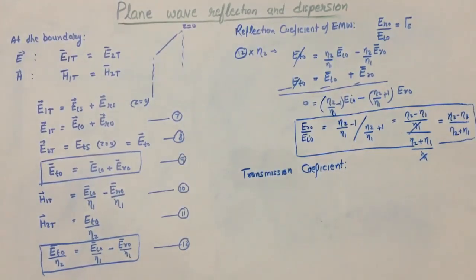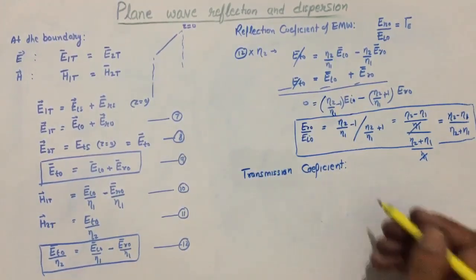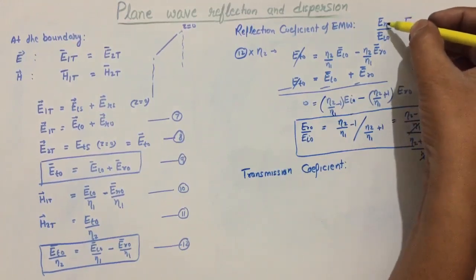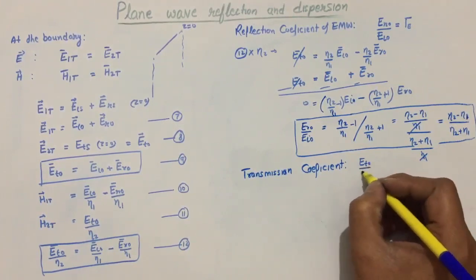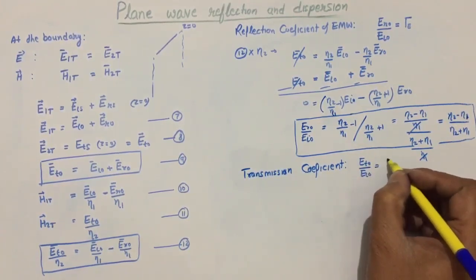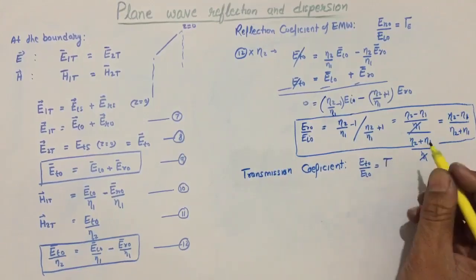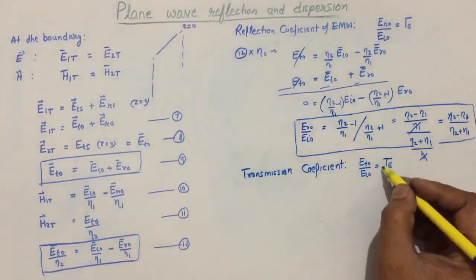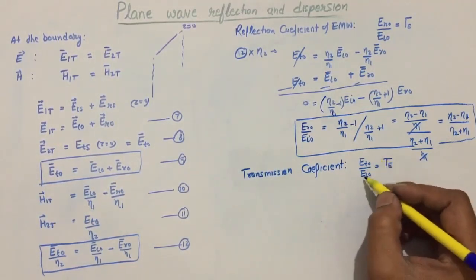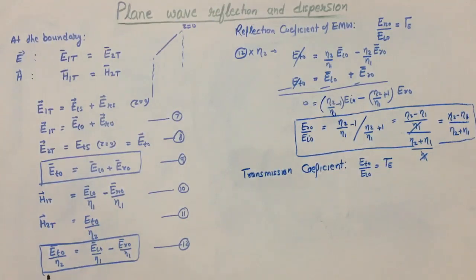For that purpose, the definition given for the transmission coefficient is the E component of the transmitted wave divided by the incident wave, named as the transmission coefficient of the electromagnetic field component E. If this is to be derived, we have to find the relationship between E T naught divided by E I naught.